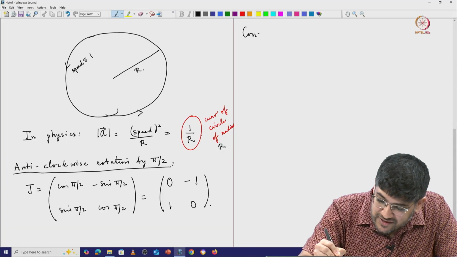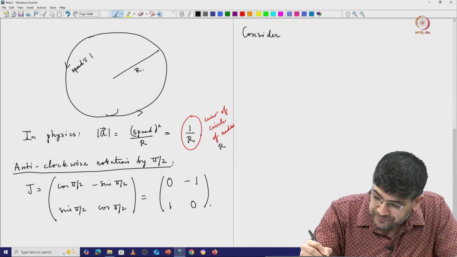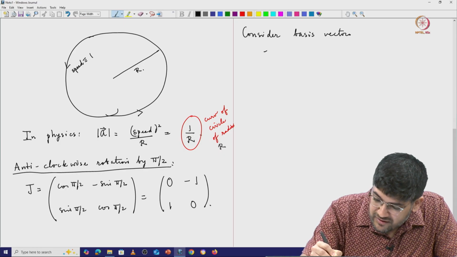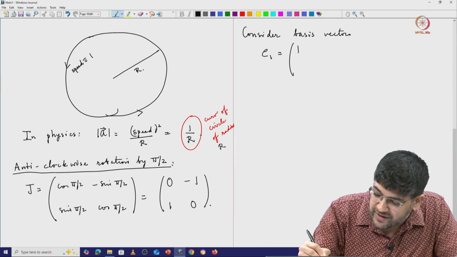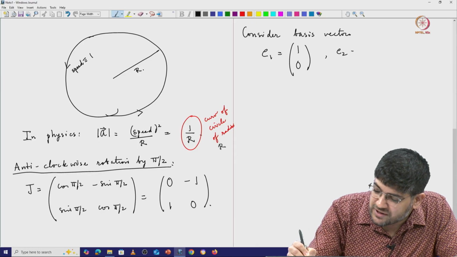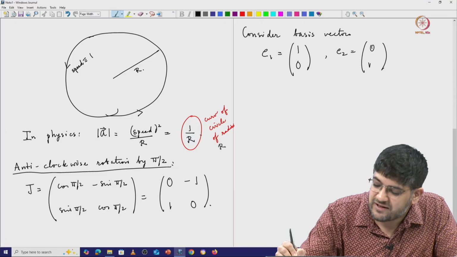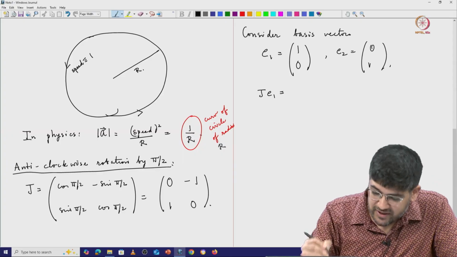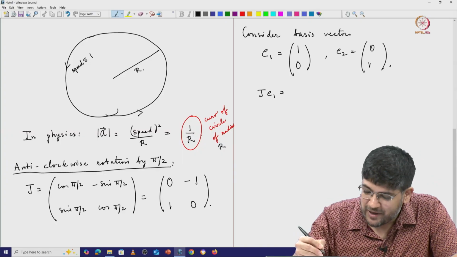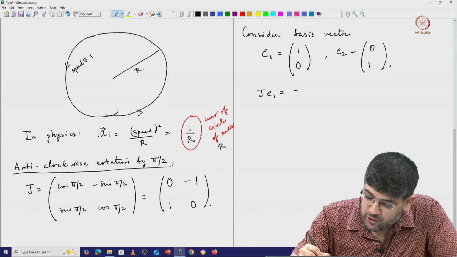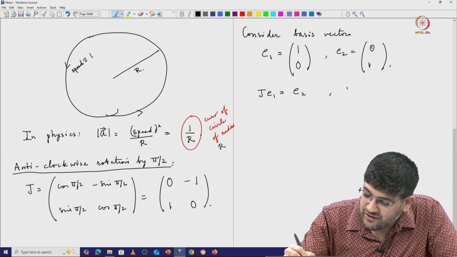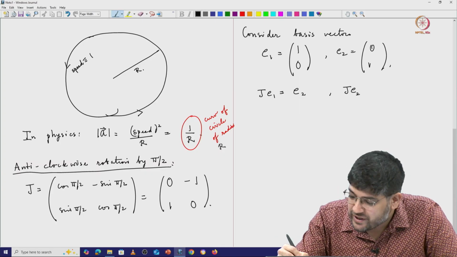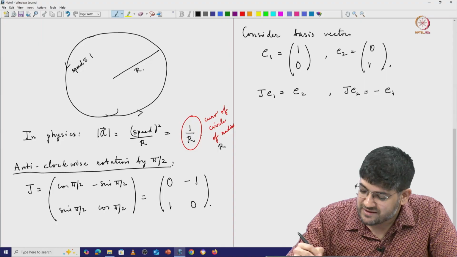Consider the two basis vectors E1, the standard basis vector in the x direction, and E2, the standard basis vector in the y direction. Let's apply this matrix J to E1 and E2. It's a simple calculation. If you apply J to E1, you are going to end up with E2, and if you apply J to E2, you are going to end up with minus E1.